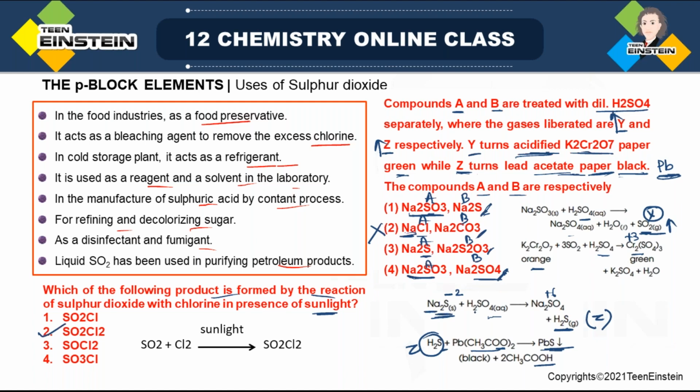These two sodium ions, in presence of proton which is coming from H2SO4, are replaced by 2 hydrogen. But this type of reaction is not possible with the other two sulfur compounds, Na2S2O3 and Na2SO4. And Na2CO3, obviously this is not correct. We have already cancelled it, and NaCl is also not. So the correct option will be A is Na2SO3, that is either option 1 or 4, but B is Na2S. That means the correct option will be this one.